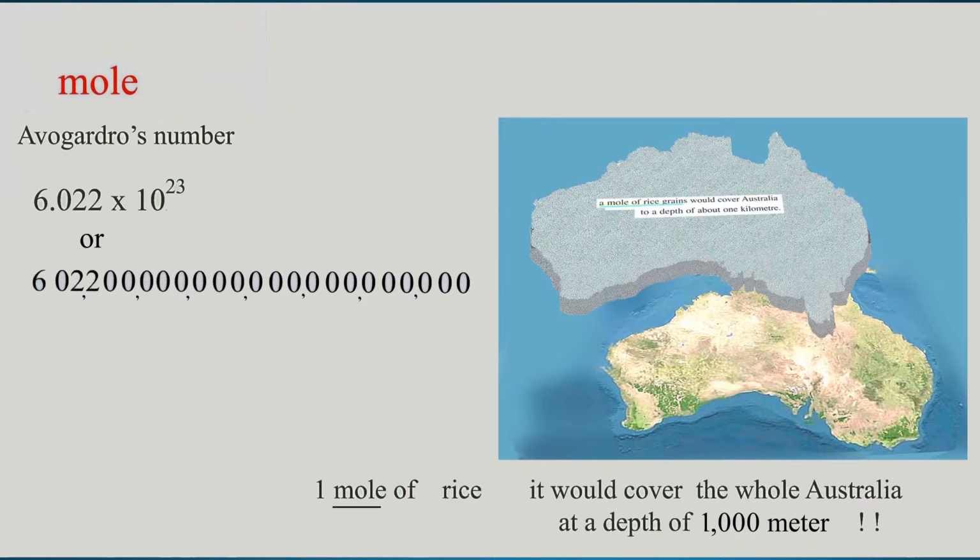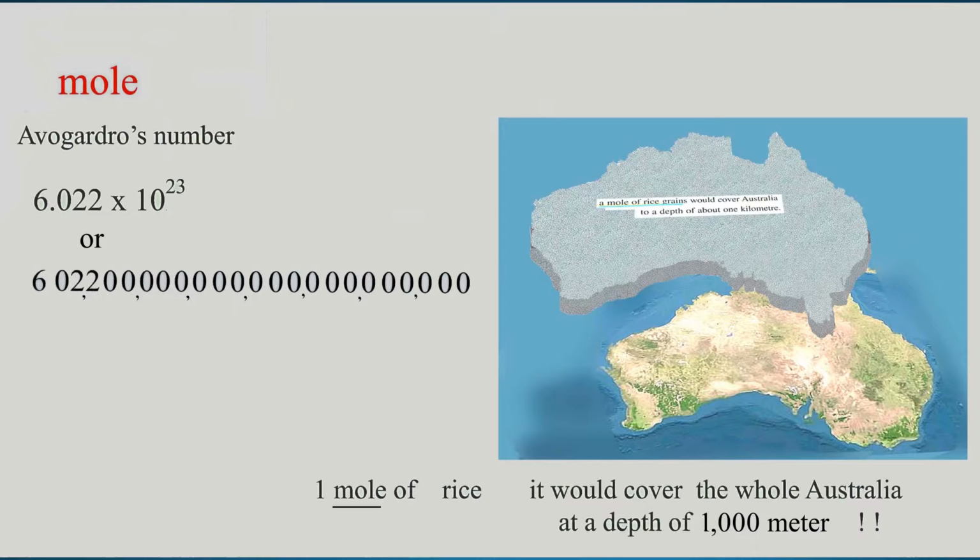Imagine if you have 1 mole of rice, that many dots of rice. How much will 1 mole of grains of rice take? 1 mole of grains of rice can cover the whole Australian continent at a depth of 1,000 meters.